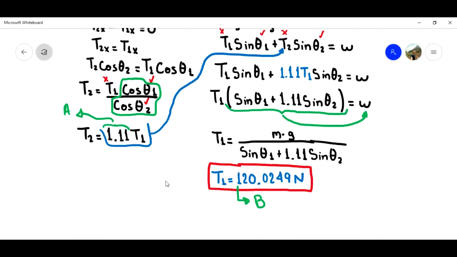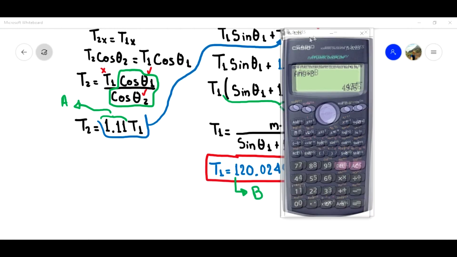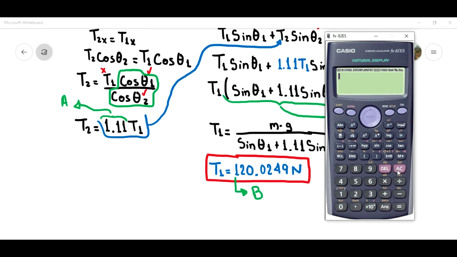Okay, so I need to get tension 2. If you see, tension 2 is the value that I already have in my memory A times tension 1, and tension 1 is a number that I already have in my memory B. So in order to get tension 2, it's going to be so easy because it's going to be alpha A times alpha B equals.